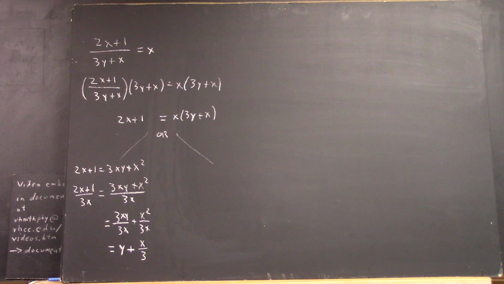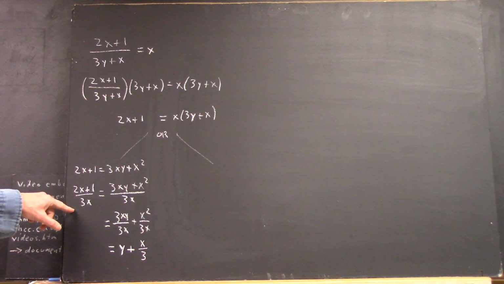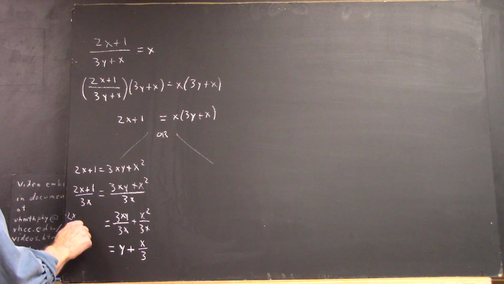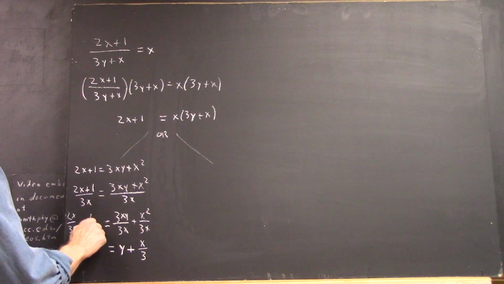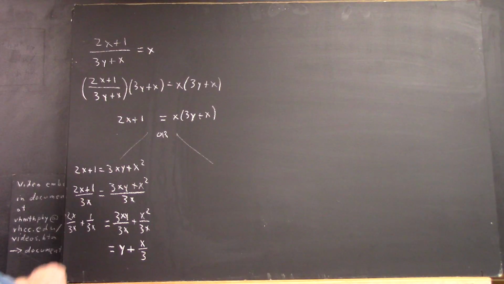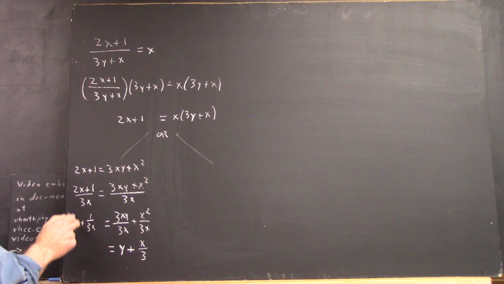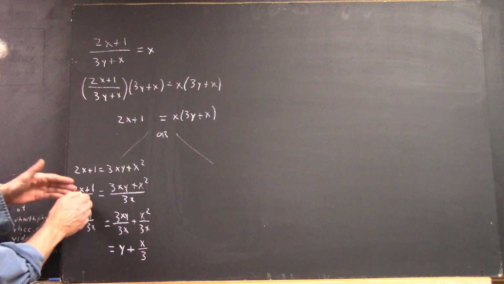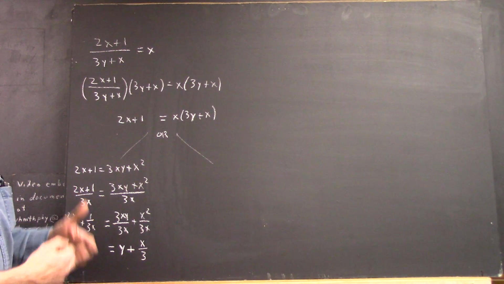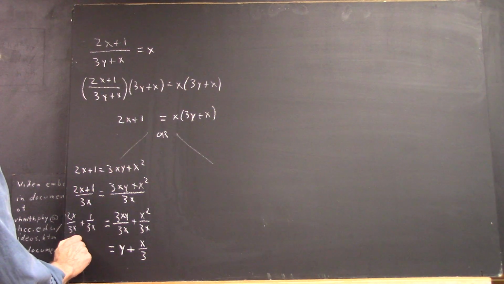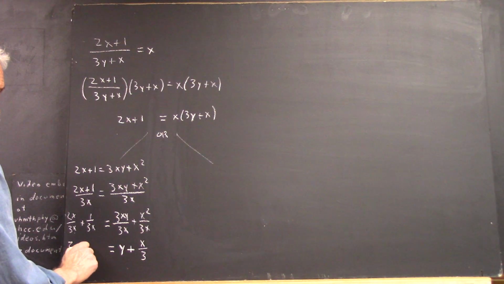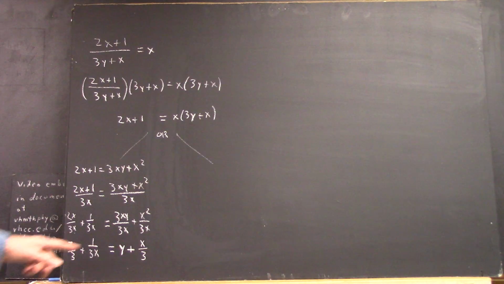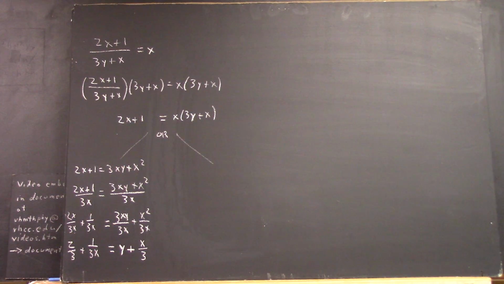Now, on this side, we have 2x over 3x plus 1 over 3x. 2x over 3x, well, the x divides the x. We can write that as 2/3 times x over x, which is 2/3 times 1. So this is just 2/3 plus 1 over 3x equals this, right?